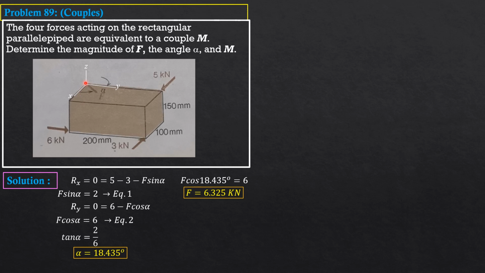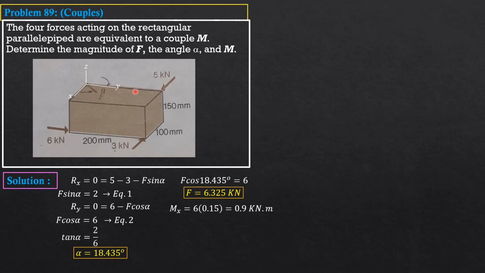Now, you can actually sum up moments about any superimposed coordinate axis because moment is independent of the moment center. You may have it here, so I put it there so that this F here, which is an unknown, will not always be involved. So again, Mx is 6 times 0.15 only, and it is equal to 0.9 kilonewton meter.